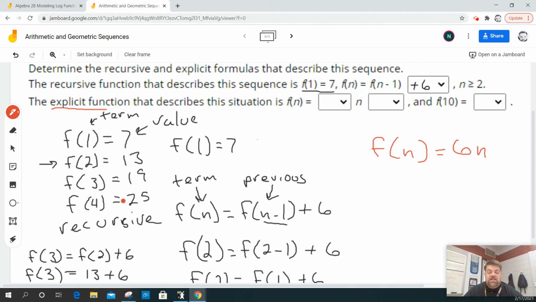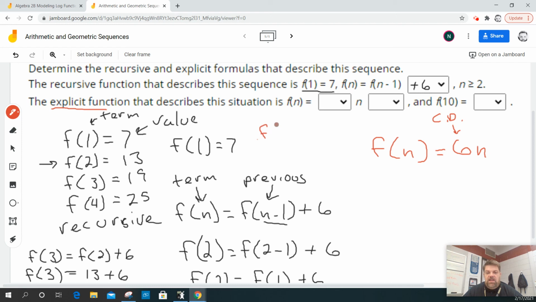Because we're adding 6. But really, we're starting with a number. So this is always going to be the common difference, and we'll go over this several times. It probably doesn't make sense now. And then we've got to figure out, well, how does that work?